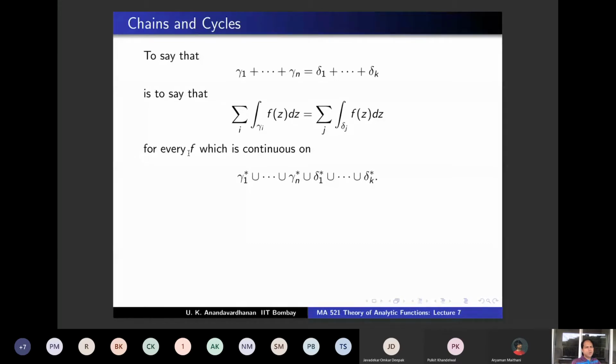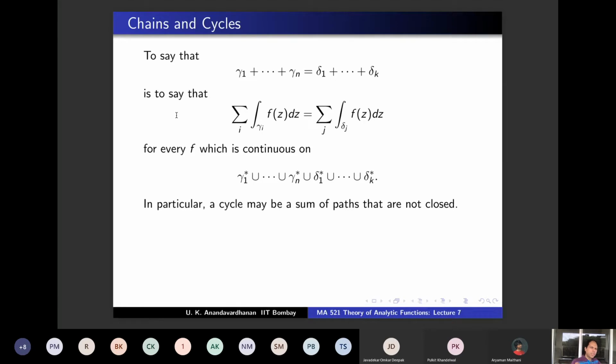Suppose they are equal for all continuous functions; then I don't distinguish between these two chains. In particular, observe that a cycle may be a sum of paths that are not closed under this equivalence. So if you take a circle, that's of course a cycle, but you can also take any point and take it as this arc plus that arc. So we are saying that these two are the same for us.